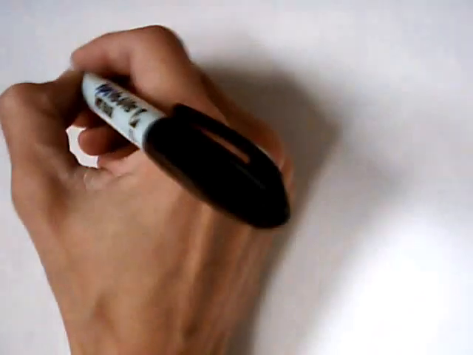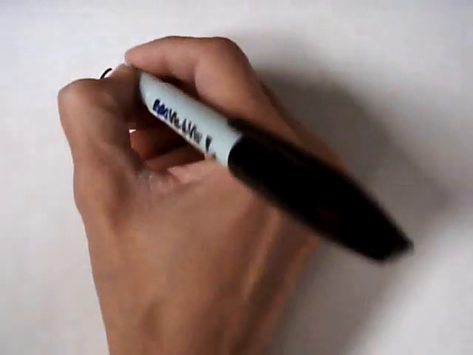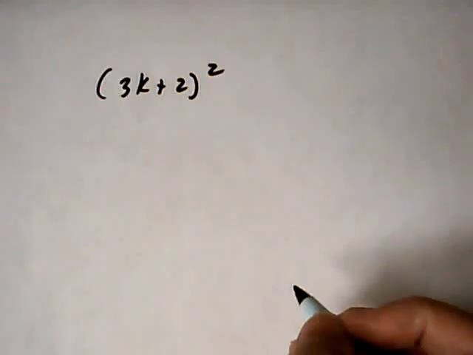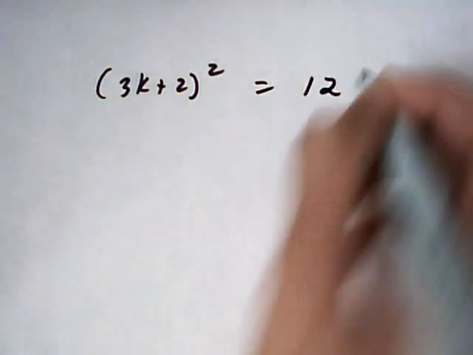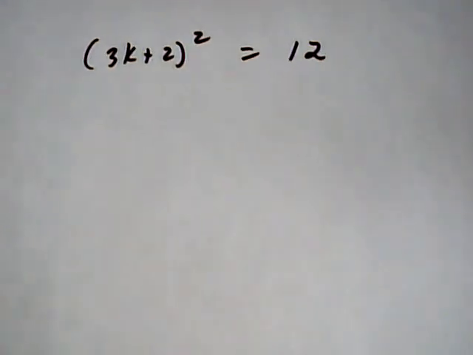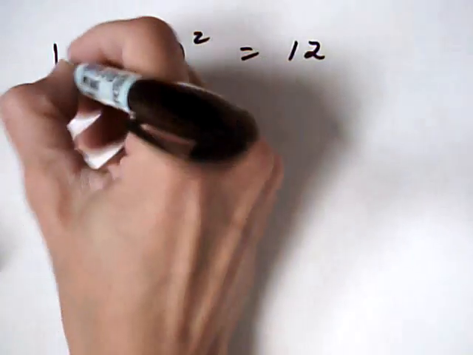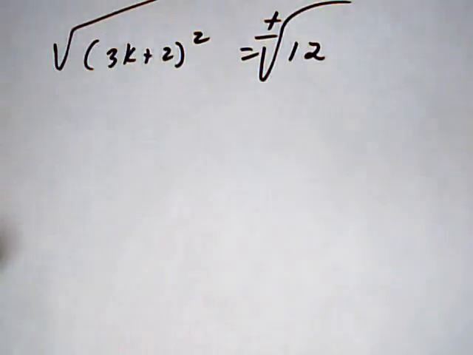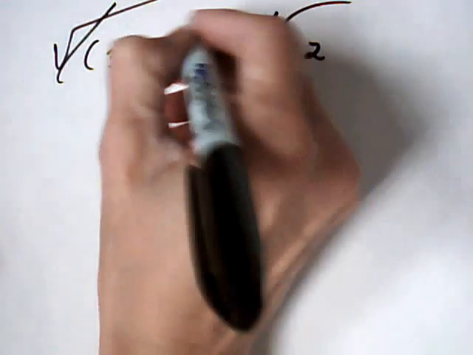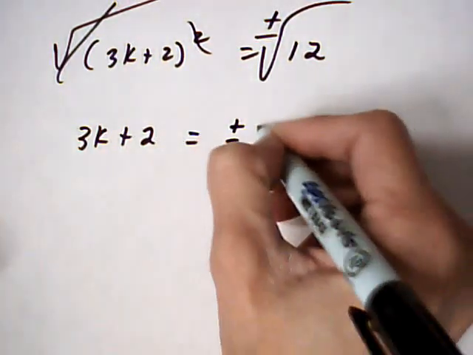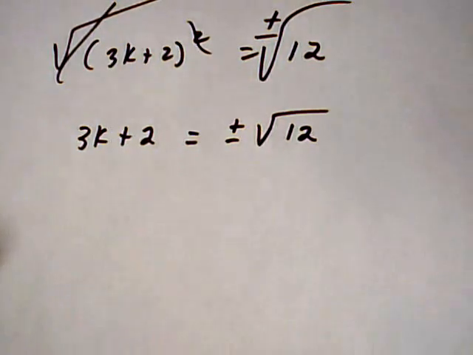How about number 14, which would be 3k plus 2, squared, equals 12. The thing being squared is already isolated, so we're going to go right to the square root property and square root both sides. With the plus minus, we get 3k plus 2 equals plus or minus root 12.